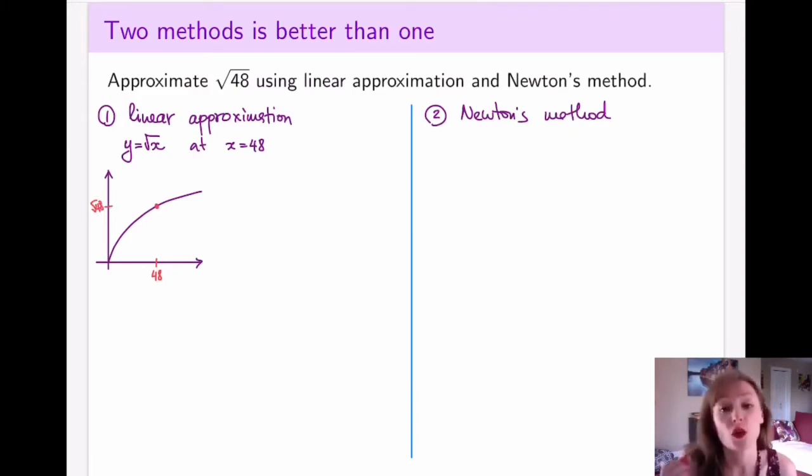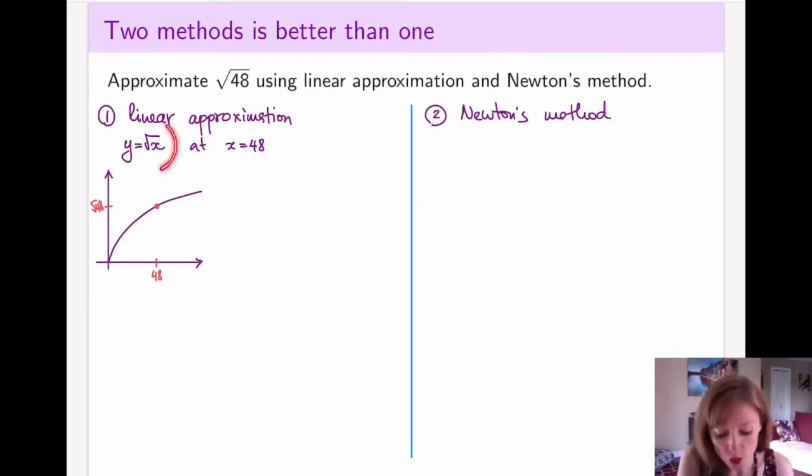Okay, so in the linear approximation, I need to construct a tangent line somewhere close to this point, and then compute the y value on that tangent line for x equals 48.